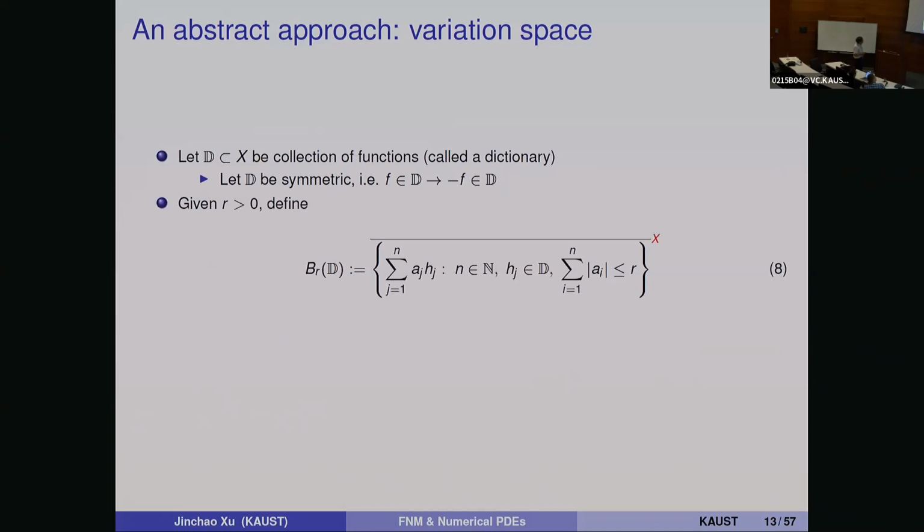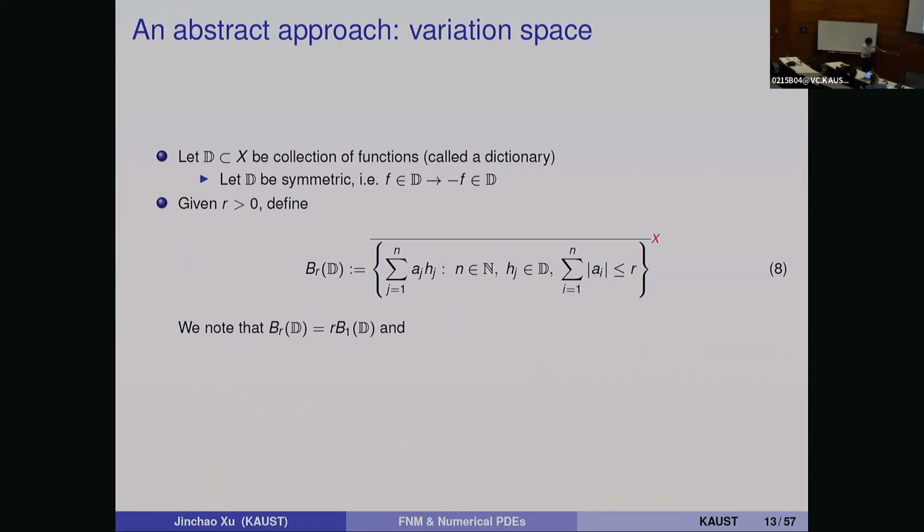Given a dictionary like the neural network, you take all the possible linear combinations of the things in the dictionary. Then, in your Banach space X, I take the closure. It's like a convex hull. If you think about R equal to 1, and the dictionary is symmetric, then plus or minus 1 is all in there.